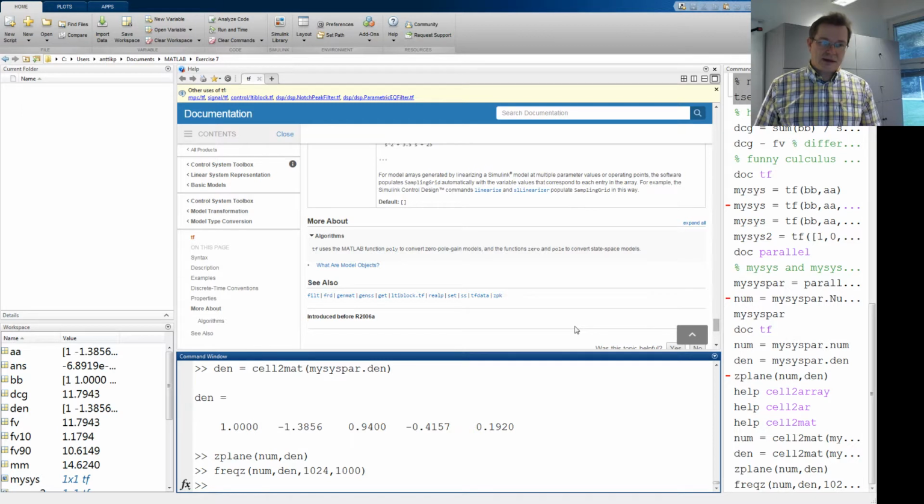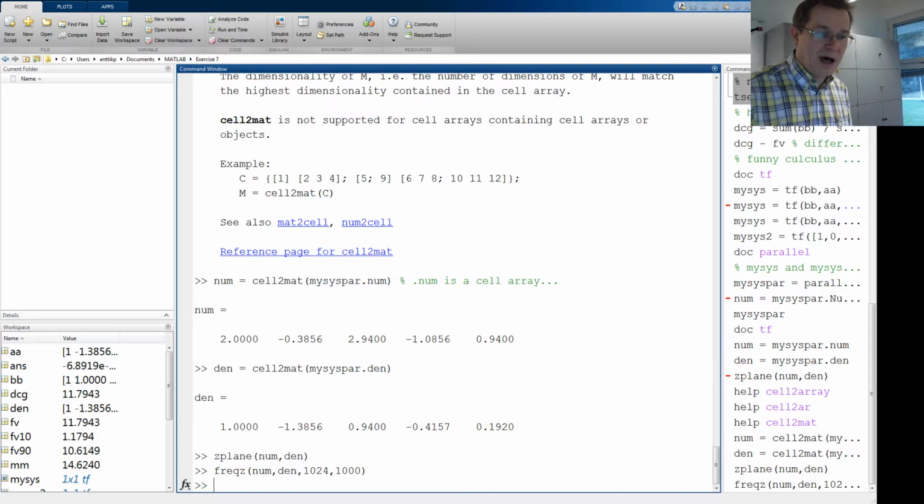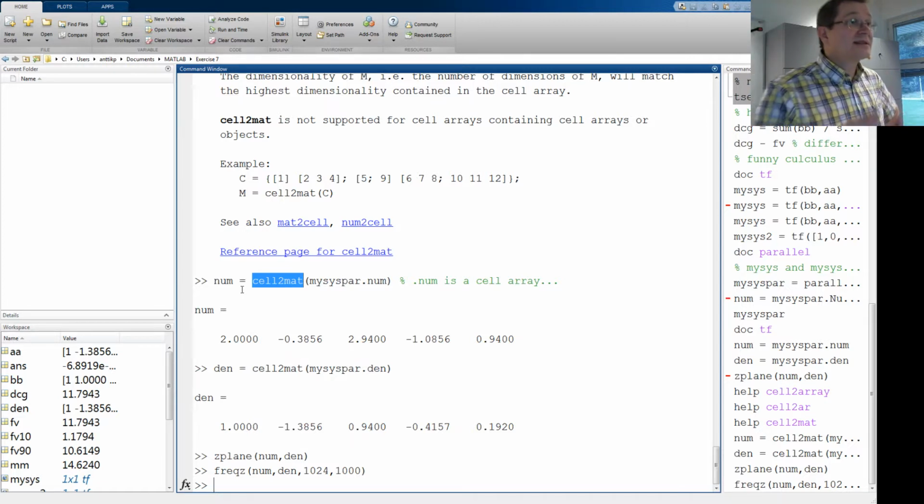Then you get back to the parameters by this funny way. The num field in this object is a cell array that you can then transfer back to a matrix, meaning an array of values, which you can use in freqz or whatever filter or some other command. But you can do the analysis of the system on these symbolic transfer functions.